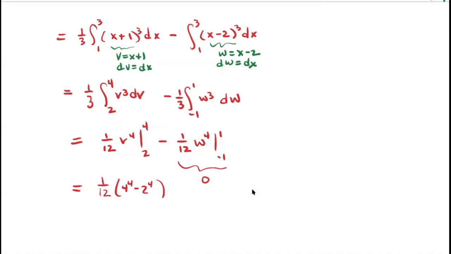So that's 256 minus 16, which is 240. 240 divided by 12 is 20. This whole thing comes out to be just 20, I think. Let me check my notes. I got 24 last time I did it, but oh no, that's a different problem. Yep, got 20. That's a good answer.